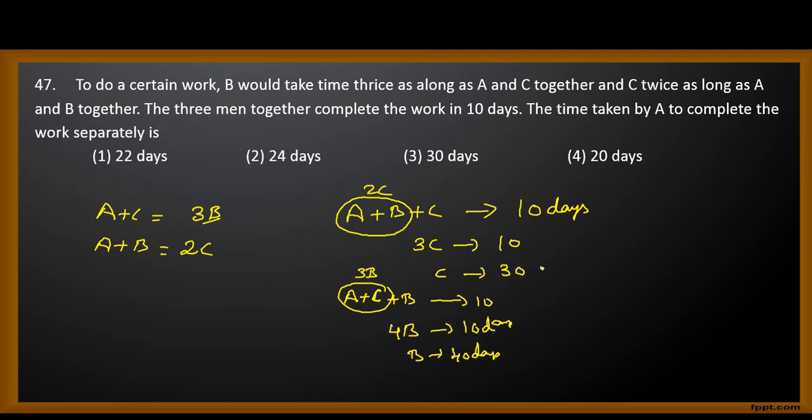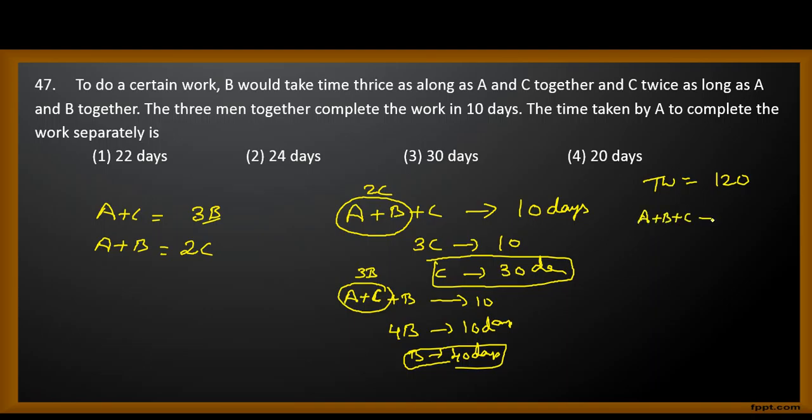C can do the work in 30 days and B can do the work in 40 days. A, B, C, all 3 together can do the work in 10 days. I will take total work as 120, which is nothing but the LCM of 10, 30 and 40. A plus B plus C per day, how many units will they do? 120 by 10, which is equal to 12 units per day.